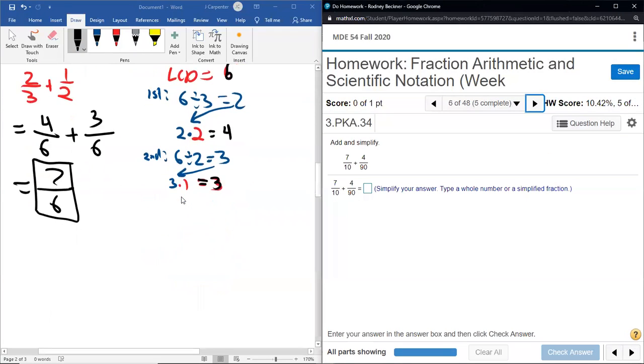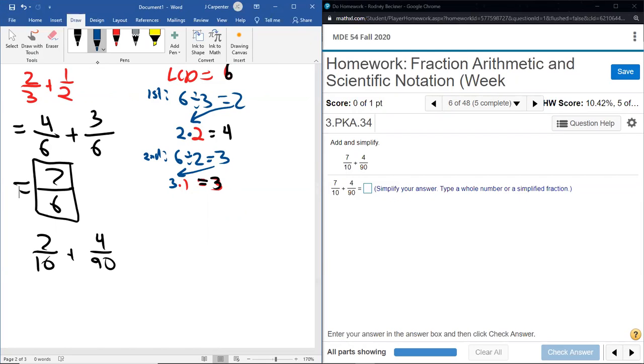All right, 7 over 10 plus 4 over 90. So between 10 and 90, if you go with multiples, 10, 20, 30, 40, 50, 60, 70, 80, 90, 100, etc. Multiples of 90 would be 90, 180, 270, 360, etc. But you may have noticed I already got a match, 90.